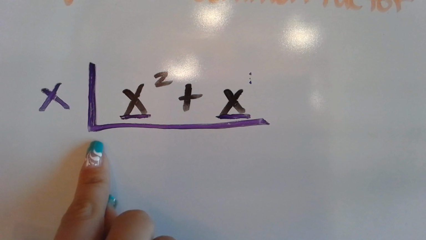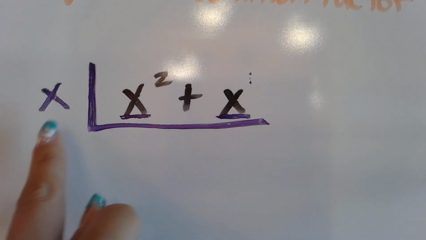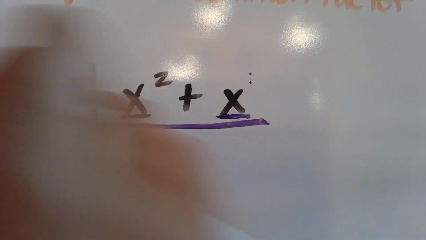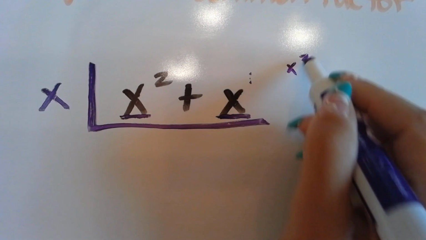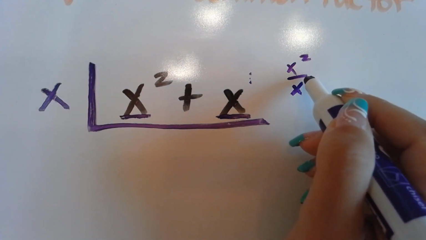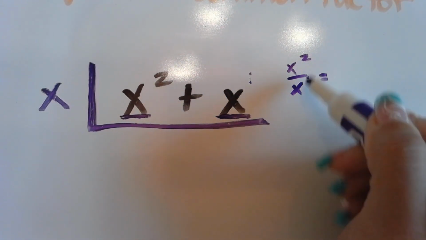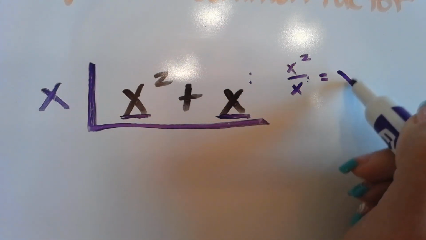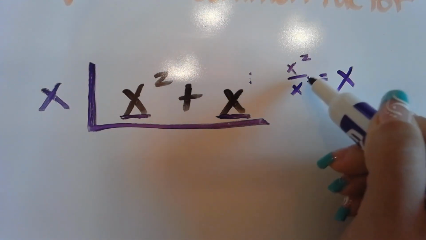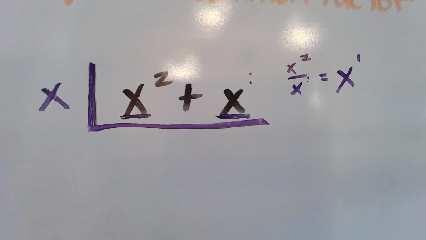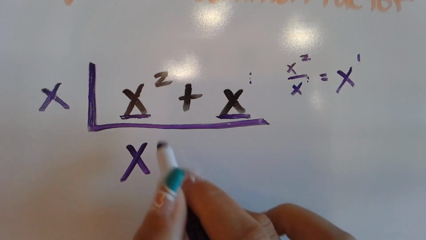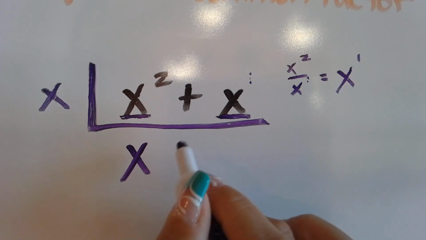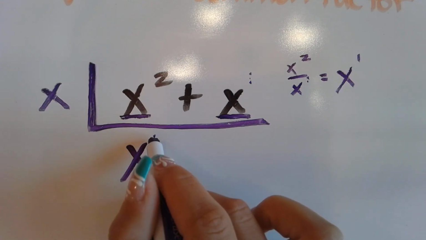If we're dividing, x squared divided by x, and we can put in that imaginary 1. With exponents we are subtracting: x to the 2 minus 1 would be to the first power. So we can just put our x here because we don't need that imaginary 1, though you can put it in if you want.